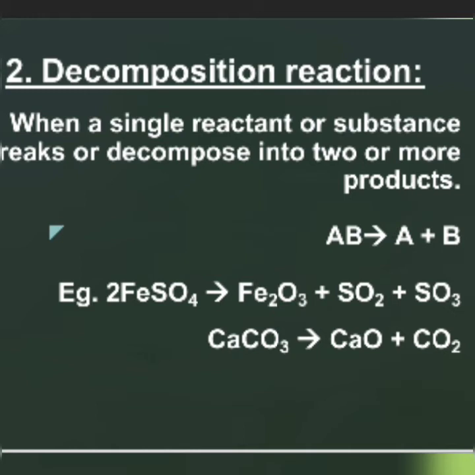Here I have given two examples. 2FeSO4, ferrous sulfate, on heating, decomposes into Fe2O3, that means ferric oxide, plus SO2 plus SO3. So here you can see that one single reactant breaks or decomposes into two or more products. Is that clear? Another example is calcium carbonate decomposes into CaO and CO2. I hope you have understood.